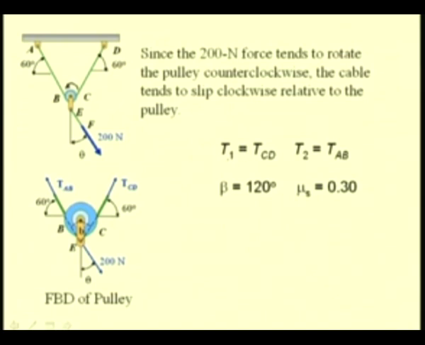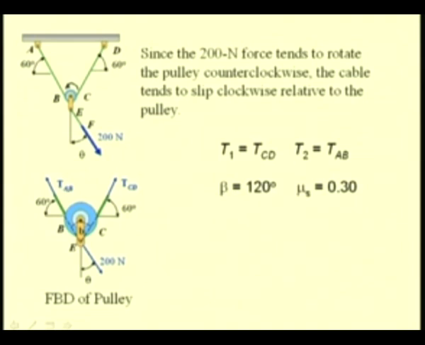So, let us take the tension TCD as T1 and the tension T2 as TAB. Since we have found that this cable tends to slip in the clockwise direction, this force has to be greater than this force TCD.